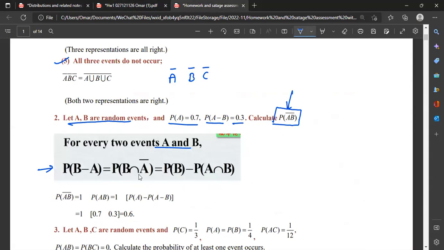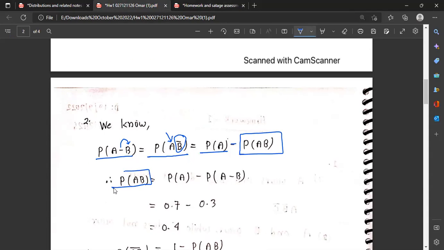So let's find probability of A B first. That means probability of A intersection B. So that is P of A minus P of A minus B. You just take this part on the left side and this part on the right side, then you will get this line.